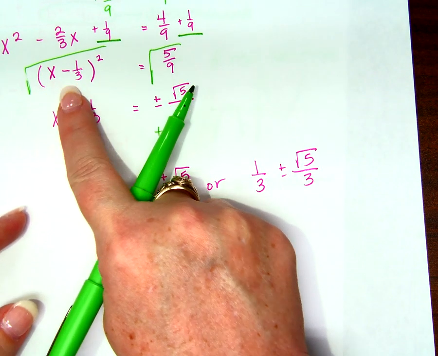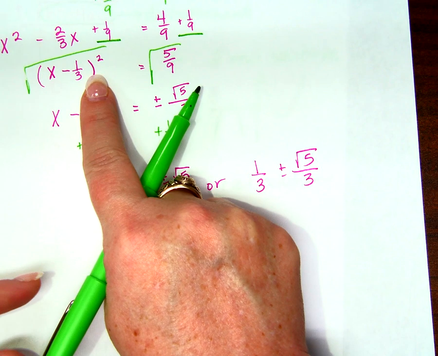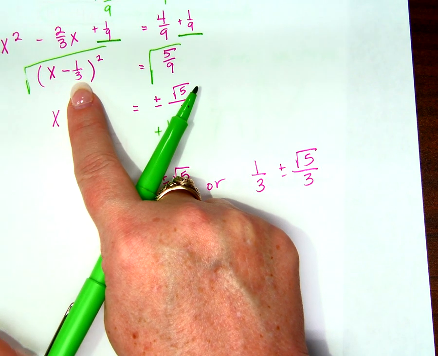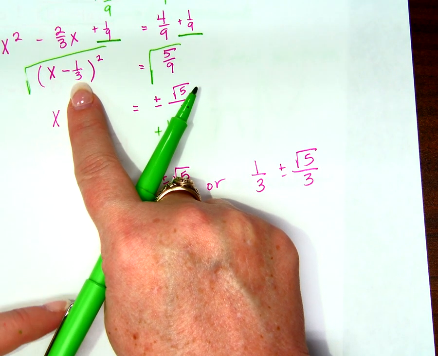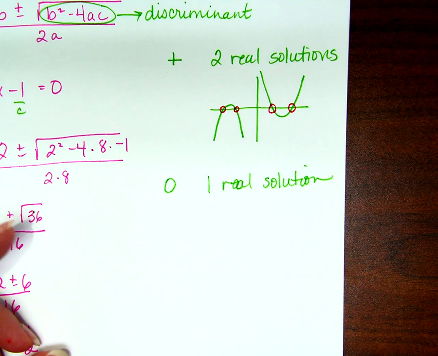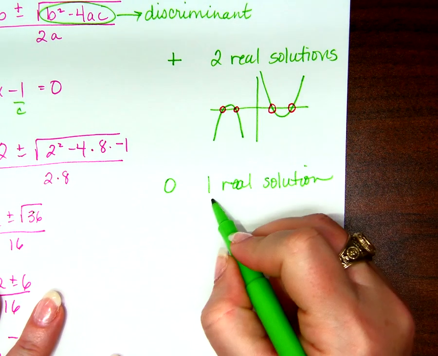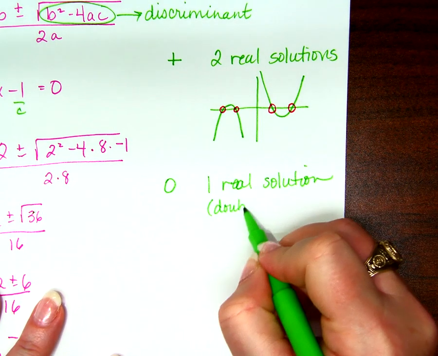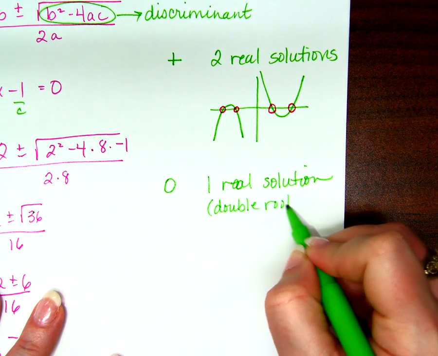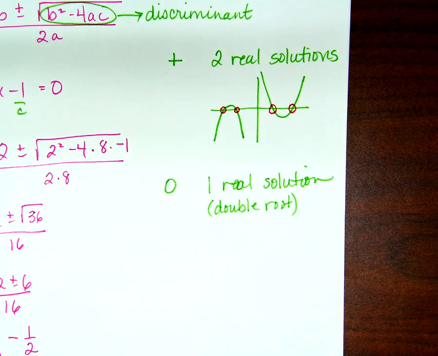Like x minus 1/3 squared. So in reality, how many solutions am I having? I'm having 2. They're just exactly the same. Okay? So while we say it's 1 real solution, it's really a double root. Okay? It's really called a double root. It's 2 solutions, but it's 1 because it's the same.